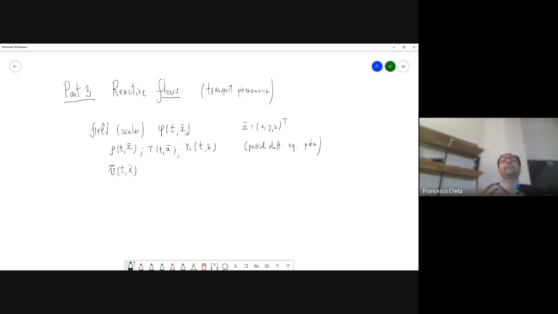So for example, for the temperature field, if you look up closely, you're going to have a packet of an extremely large number of molecules that have kinetic energy. We can average out over a sufficiently large number of molecules, and then in that general area we're going to give a value for the temperature at that point x and at that instant t. So this is what we generally call a continuum.